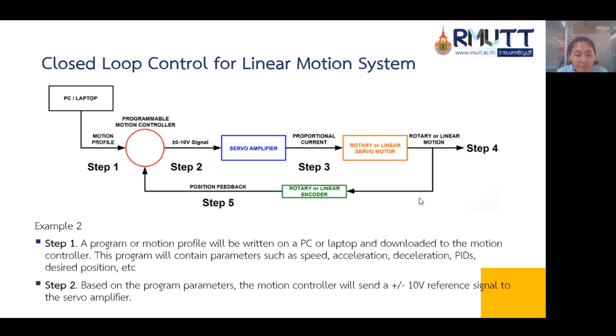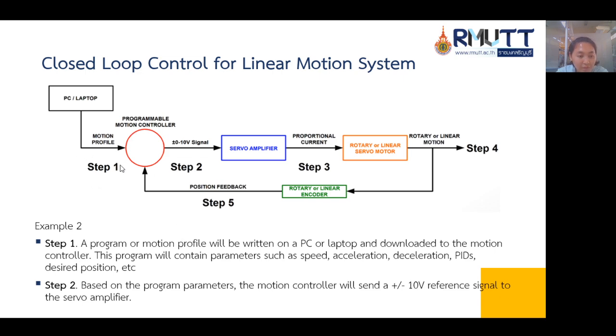And then for the feedback mechanism, use a rotary or linear encoder for position or speed or other parameter. This is the feedback, and then compare to this one.